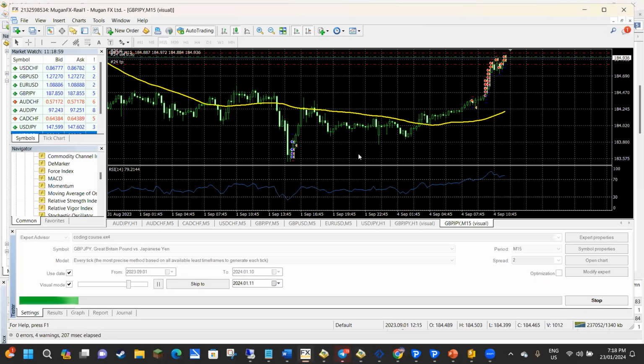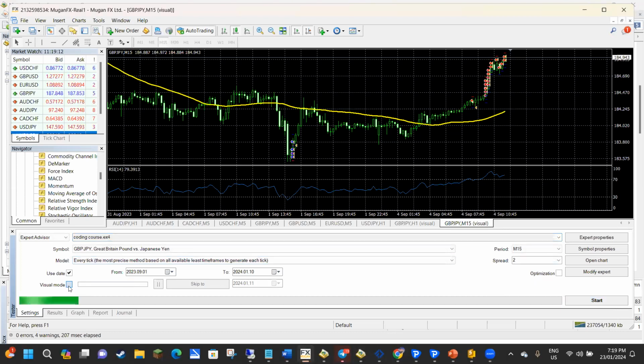And so what I would do then, once I realized that all the trade logic was playing out as I expected, I'd take it off visual mode after I stop it. And I just pick, there we go, first to the ninth, to the first to the 10th.